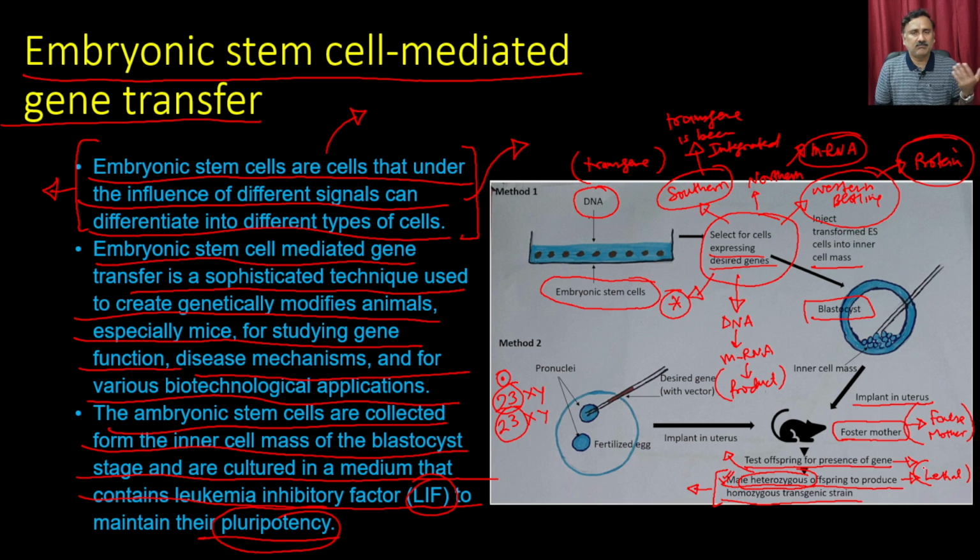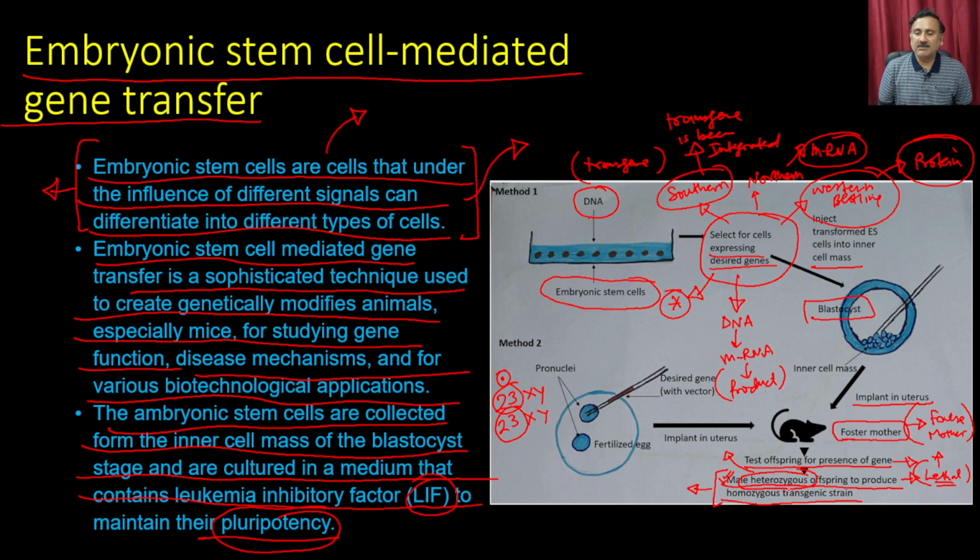In some cases the gene product may interfere with the animal's normal metabolism, and that is why they are lethal actually. So, when you produce the heterozygous, you will see that they are sick, but they are not dying. When you produce the homozygous, which means when you crossbreed two heterozygous animals, they are going to give you a homozygous, right.